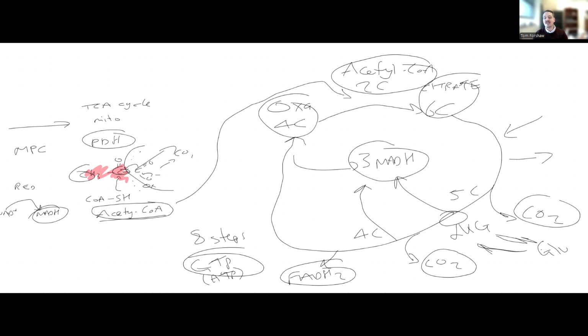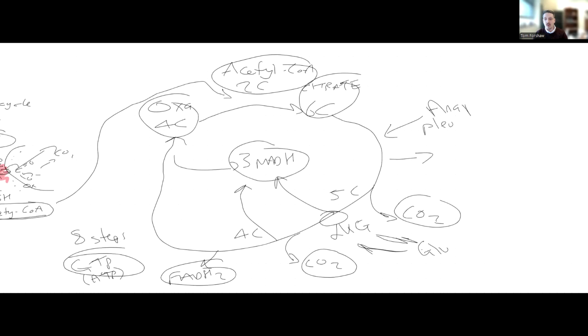And so you can add to the TCA cycle, and adding is anaplerism, or an anaplerotic reaction. And to take out is cataplerotic, as in ana, to build, kata, to break apart.